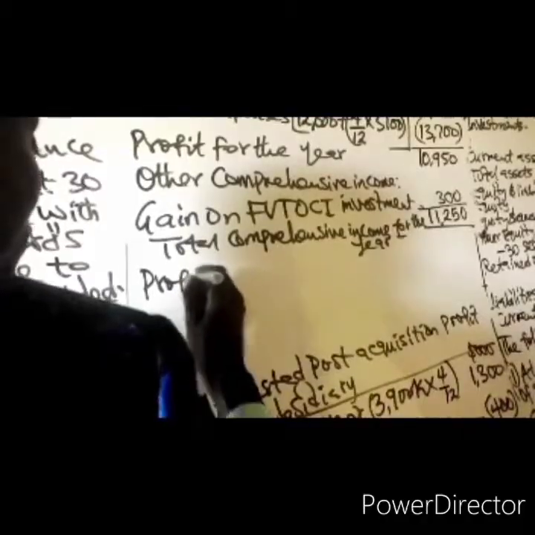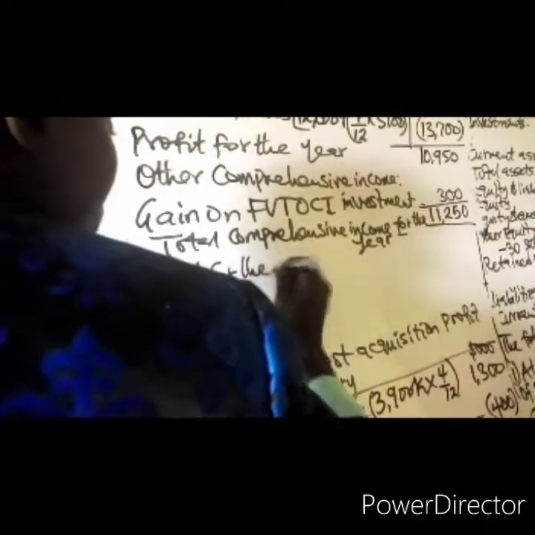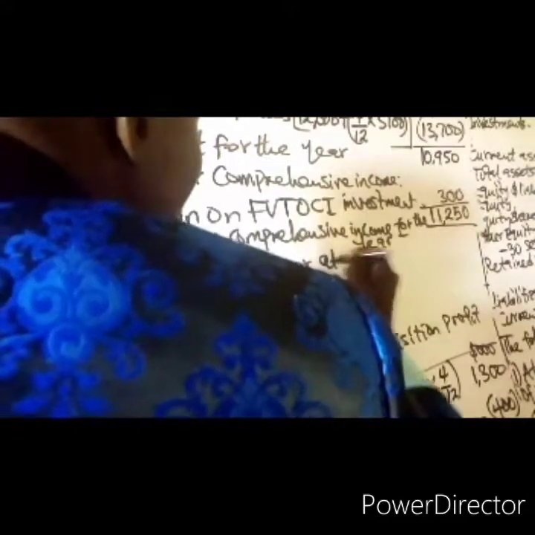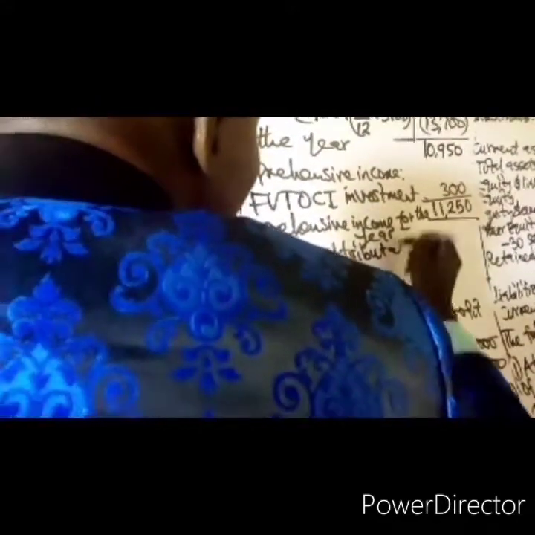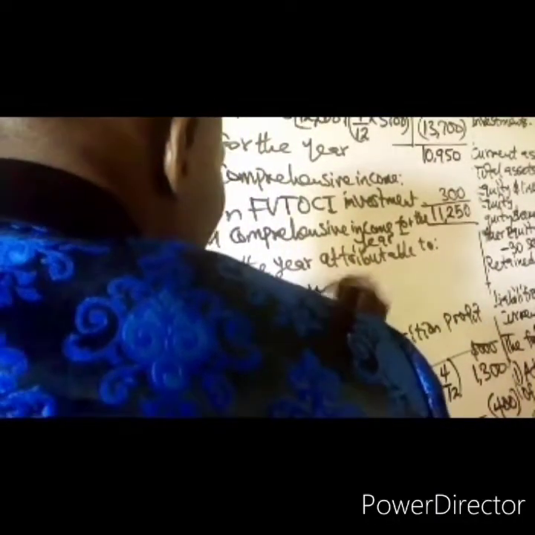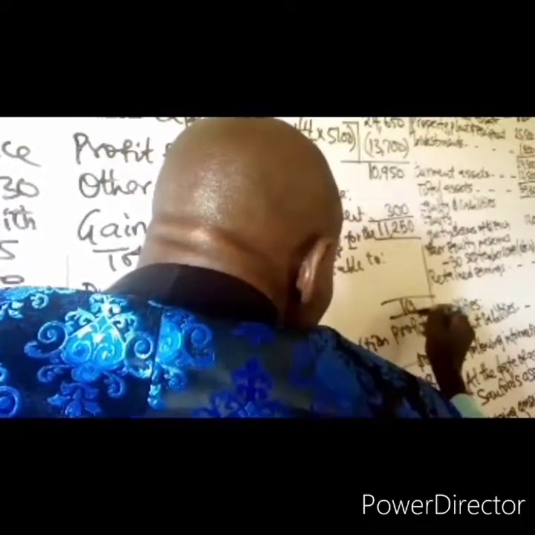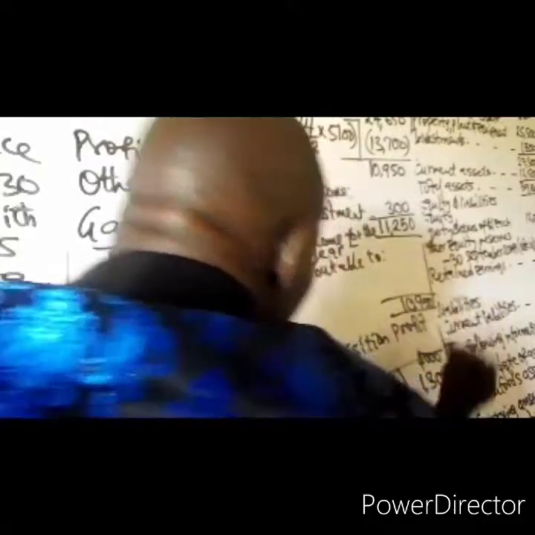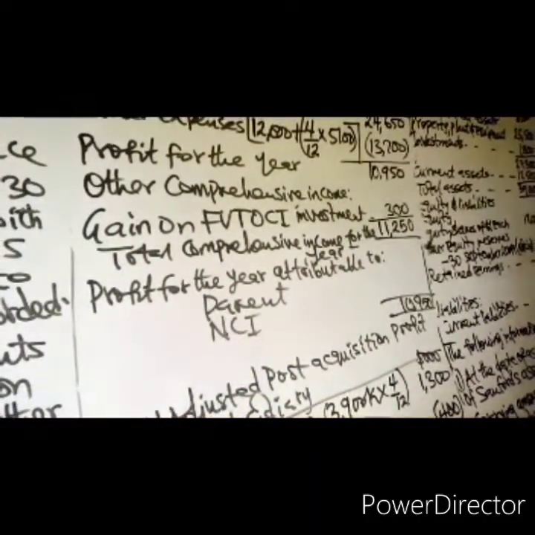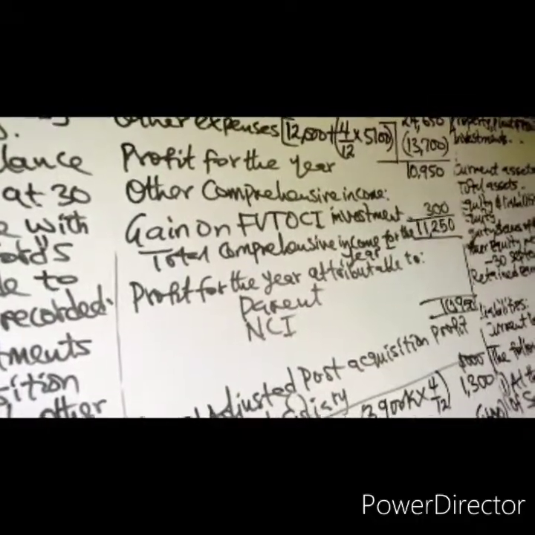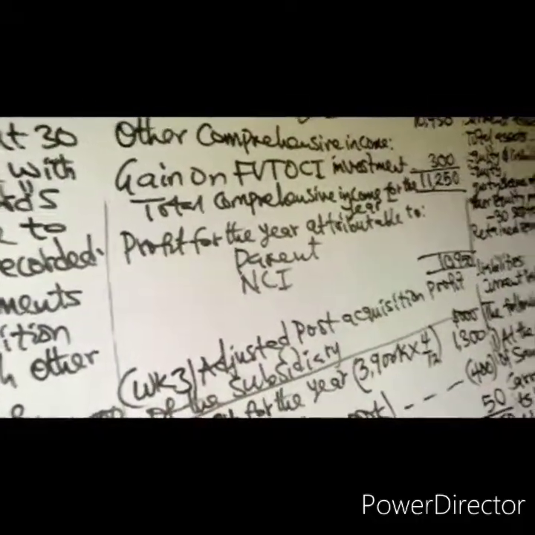So we now have profit for the year attributable to, one, the parent, the second one, non-controlling interest. And the total profit for the year is 10,950. Out of this 10,950, 190 relates to the non-controlling interest.